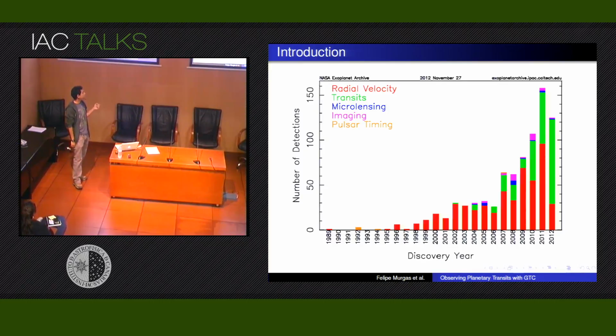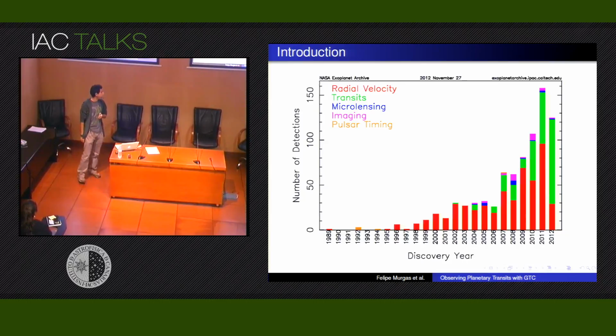But the ones that were first discovered used the pulsar timing method. So these are planetary objects that orbit around neutron stars, and by the delay of the time of arrival of the signal, people could infer the presence of a planetary object around those dead stars.